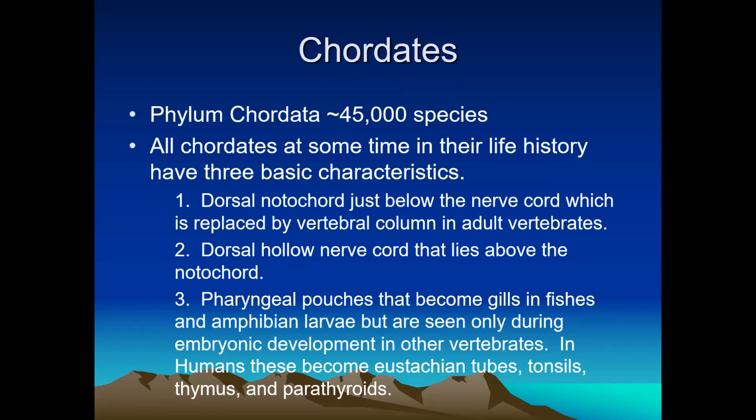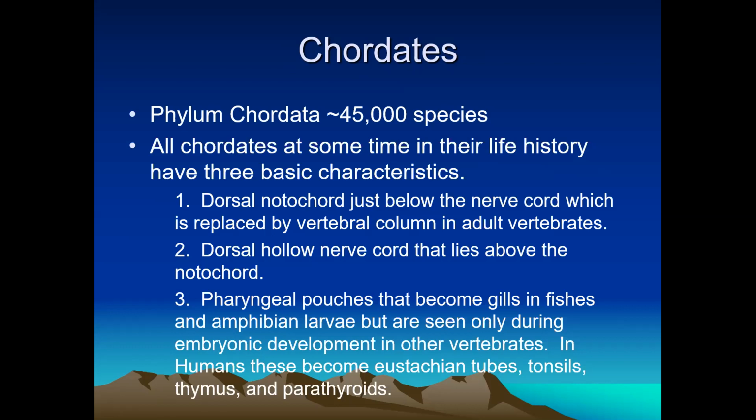In the fish, those develop into gills, and also in the amphibian larva you're going to see those developing into gills. But in other vertebrates, you only have them as embryos, and then they change into other things as the vertebrate develops. In humans, those become our eustachian tubes, tonsils, thymus, and parathyroids.